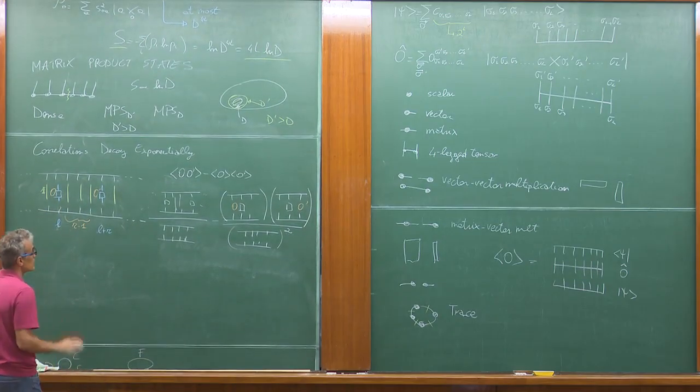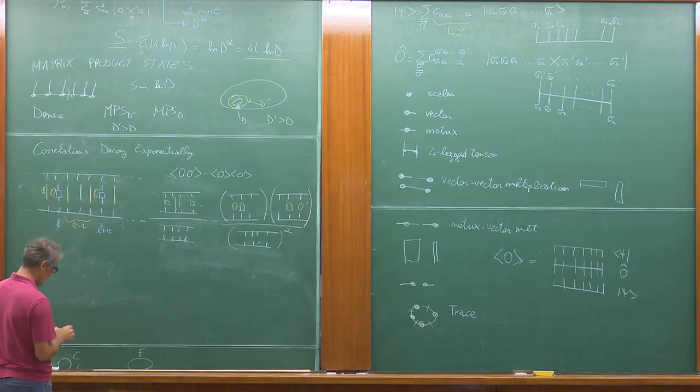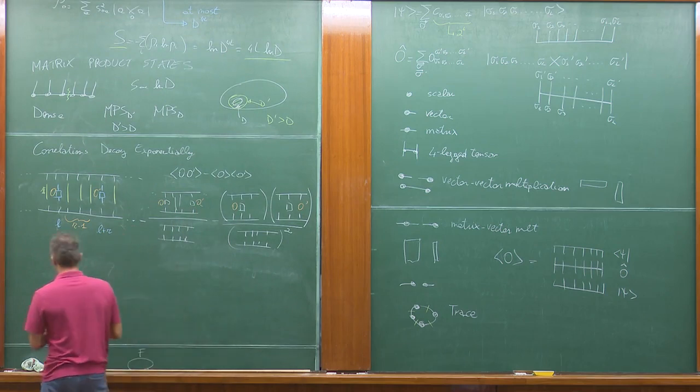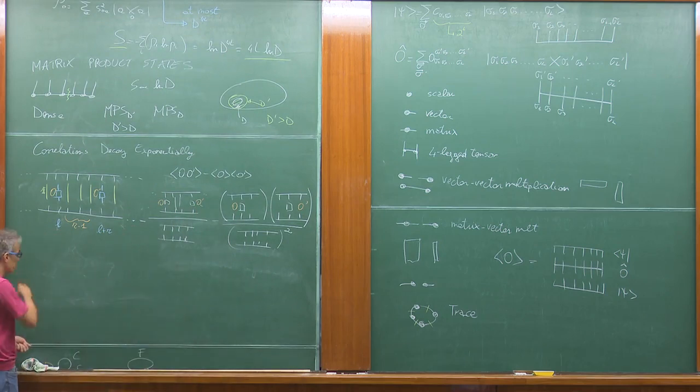Okay, so this is the calculation I need to do. Let me define some pieces of this puzzle. The first piece I want to define is this object here, which I call E identity.